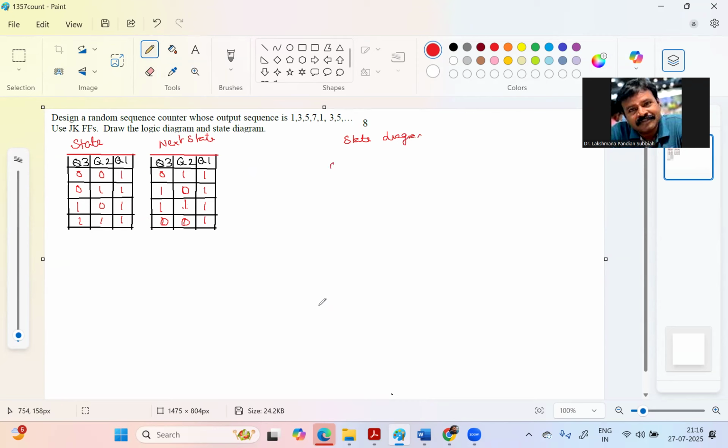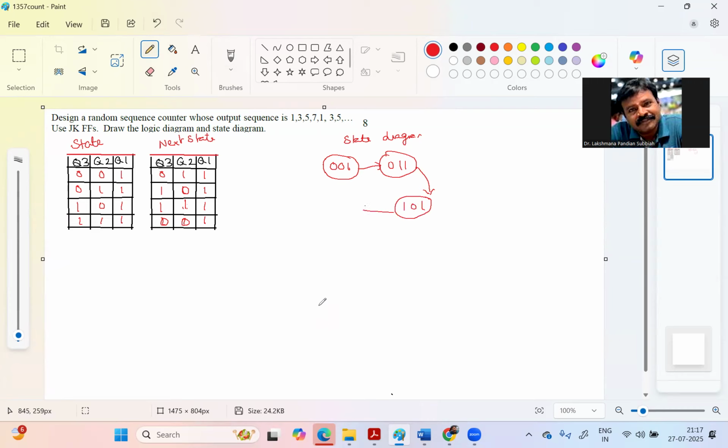So first we are having the first state, 0, 0, 1. This is the first state. Then first state will go to 0, 1, 1. The next will go to 5, that is 1, 0, 1.